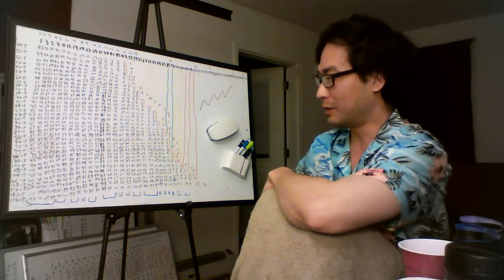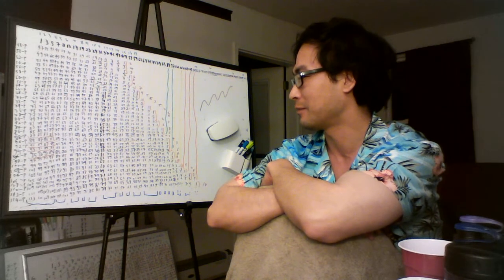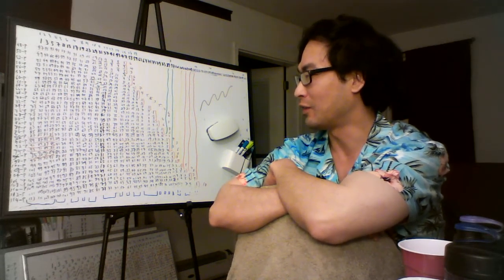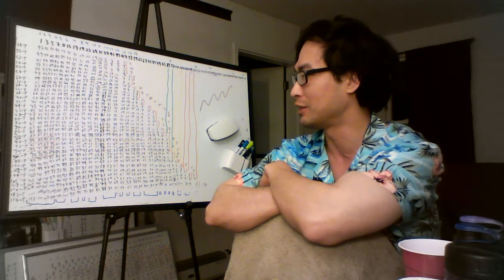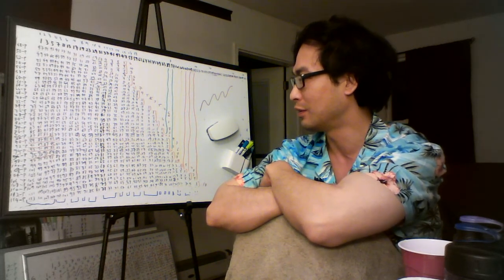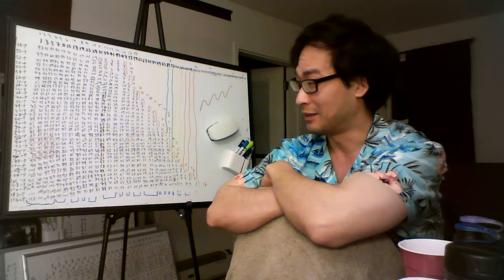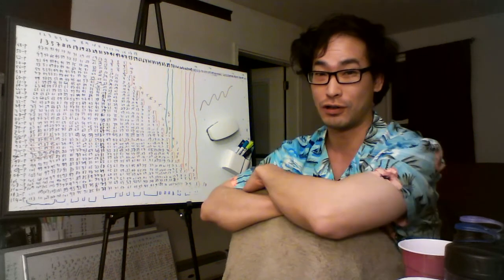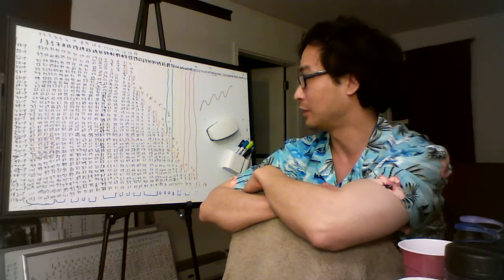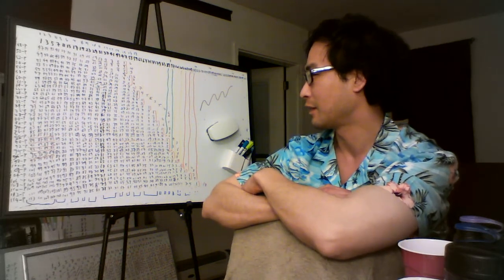So statistically speaking, the probability will be very low. It will be improbable that all these odd integers would be odd composites. It's very improbable, intuitively speaking.